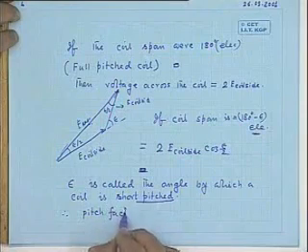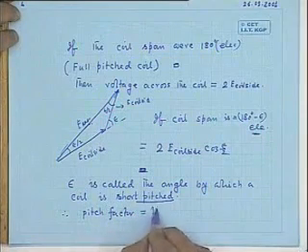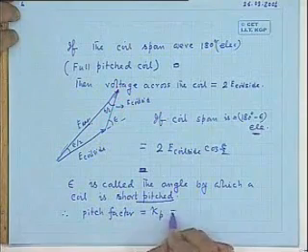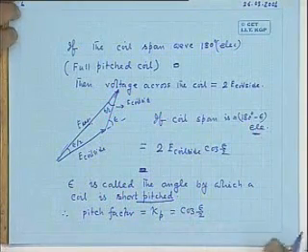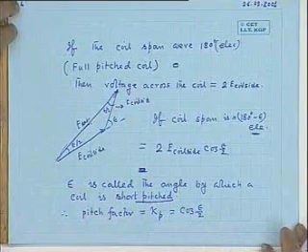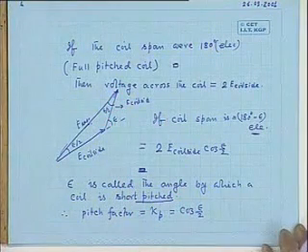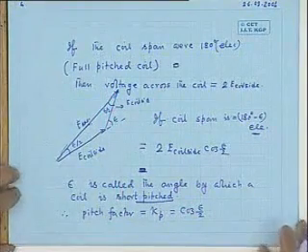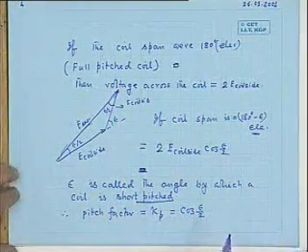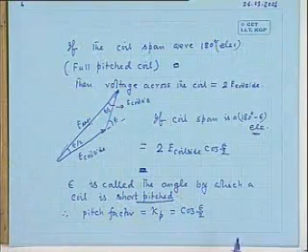Therefore, the pitch factor, denoted by Kp, is cosine epsilon by 2, and the pitch factor obviously becomes 1 if the coil is full pitched, because epsilon is 0 in that case. Okay. Therefore, these are the two factors.